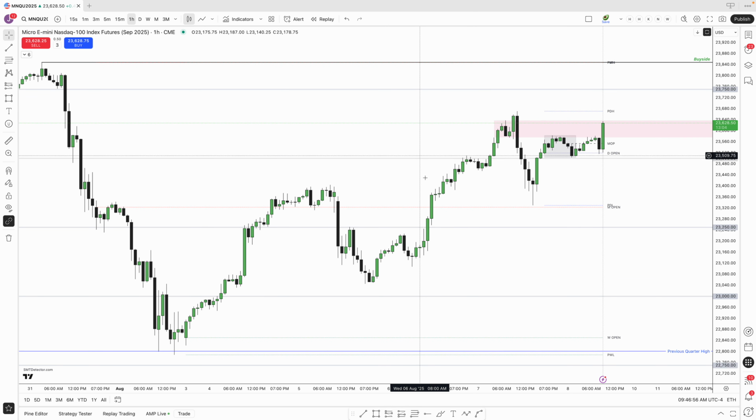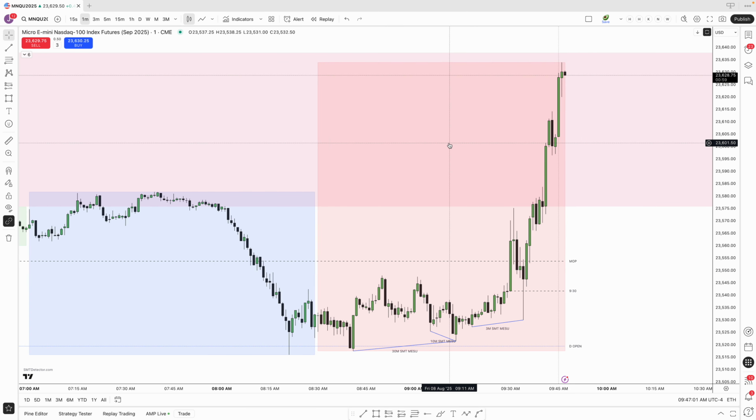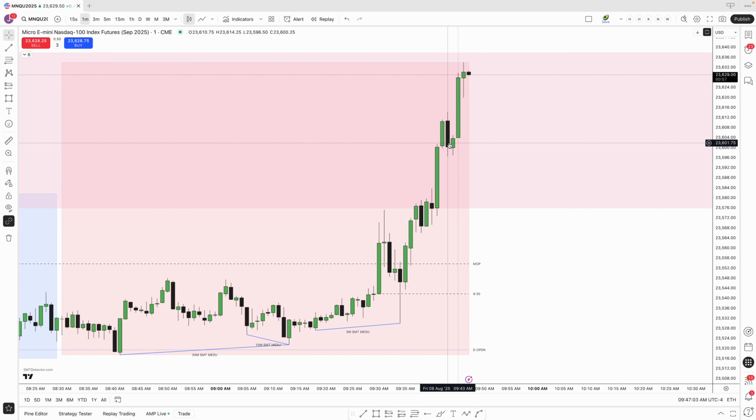Let's get back on NQ. This is the time where it would have to reverse. So into the macro, it's kind of like a do or die moment here between the two. Because if we keep continuing up and close higher, then that's definitely bullish.